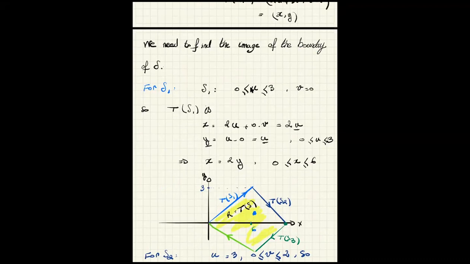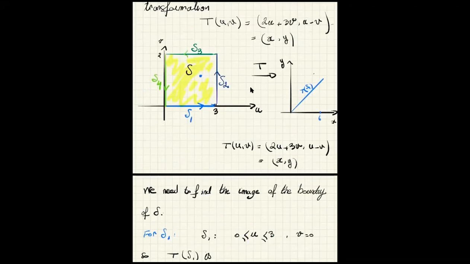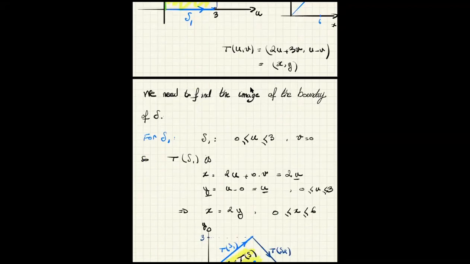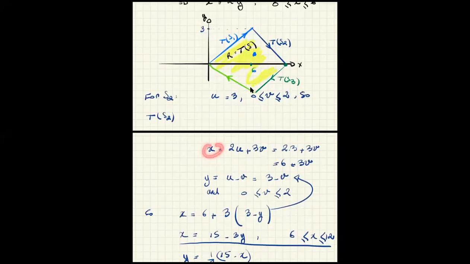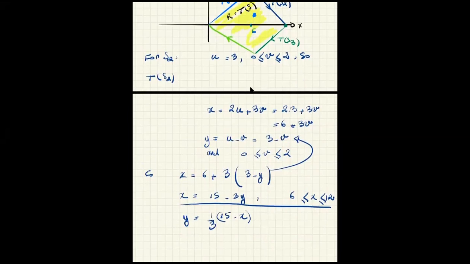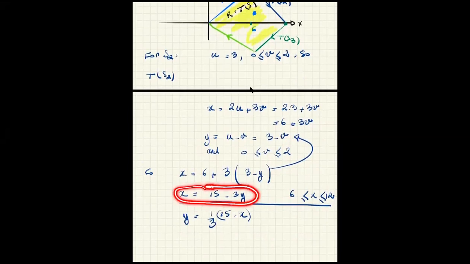Then I do the exact same thing on S2. I parameterize: U is now fixed and V varies from 0 to 2. I take the image of this and get X as a function of V, and Y as a function of V. Then I want to look at what they look like on the XY plane, so I have to get rid of V. When I isolate, it gives me that X is equal to a factor minus 3Y.